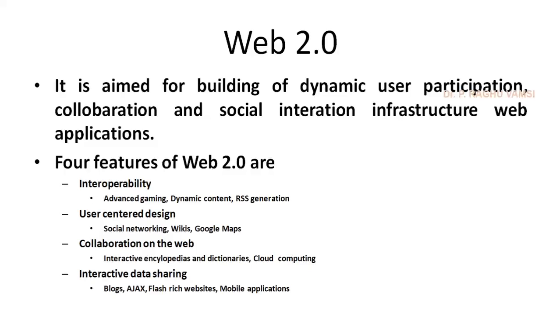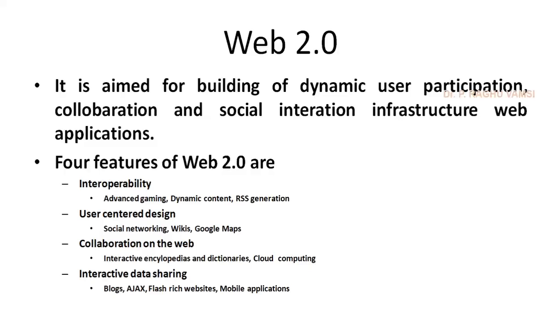It is especially aimed to develop dynamic content in a simple and short form. So in Web 2.0, you find dynamic content like JavaScript, Flash, or multimedia, and the users can directly participate, collaborate, and socially interact.